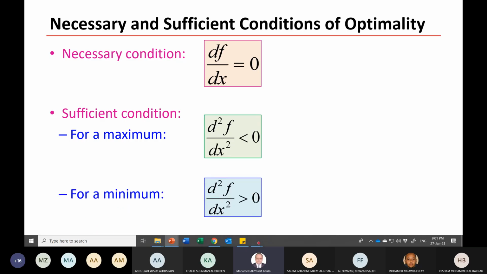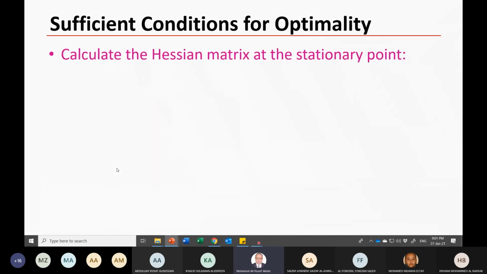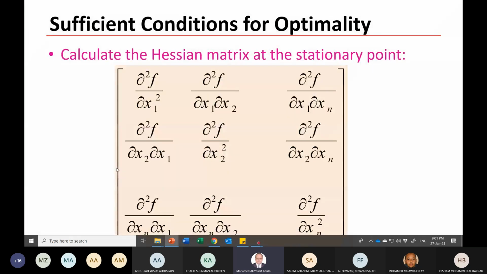If you want to expand this for multivariable x1, x2, x3, in this case we have to go for the Hessian matrix and the gradient vector. For the first derivative, the gradient vector is partial f by partial x1 up to partial f by partial xn.